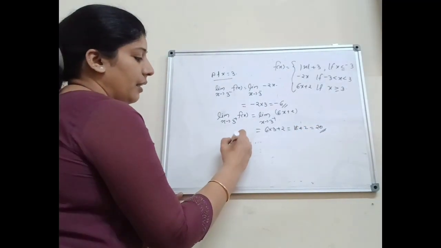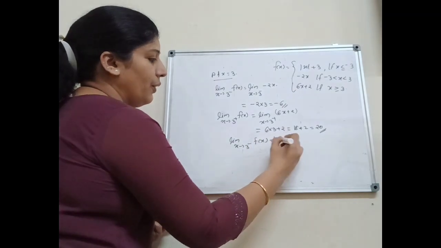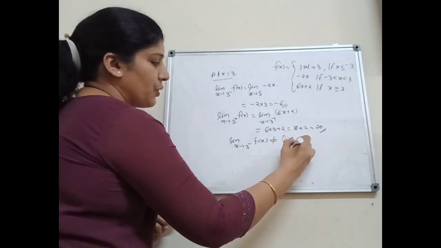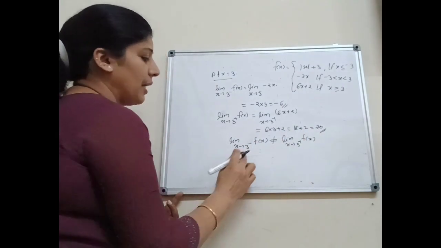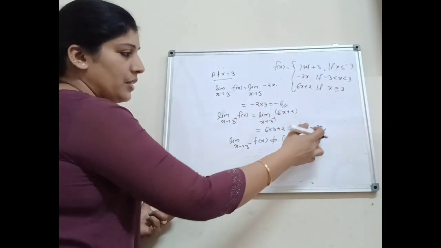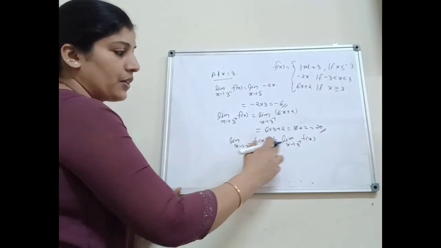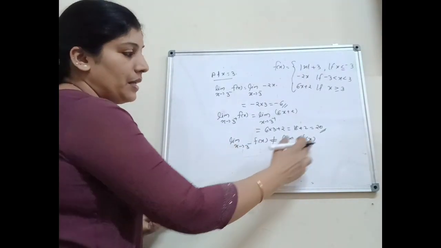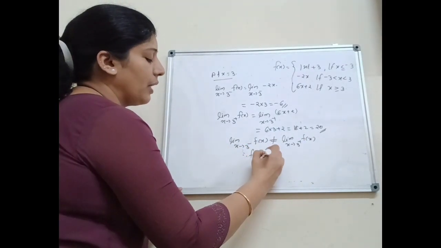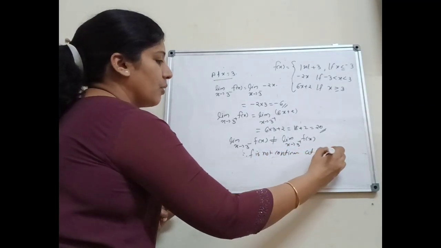Here the left hand limit is minus 6 and the right hand limit is 20, so they are not equal. Therefore, f is not continuous at x equal to 3.